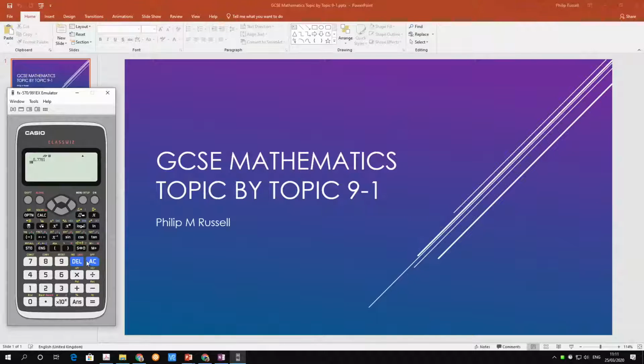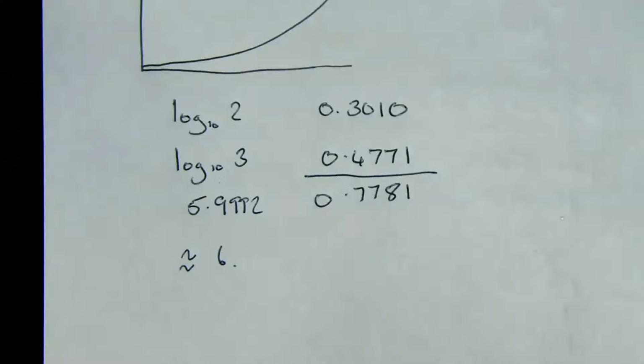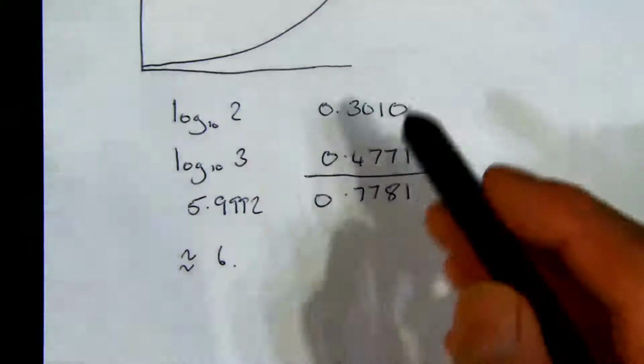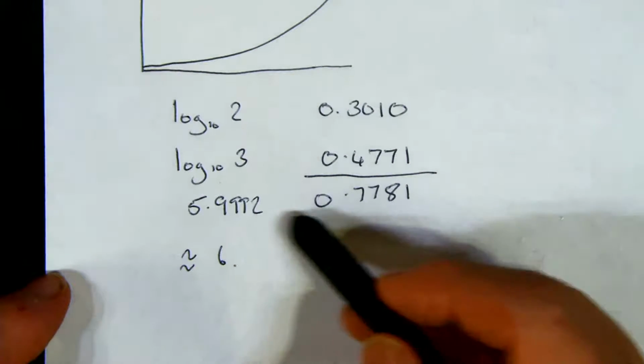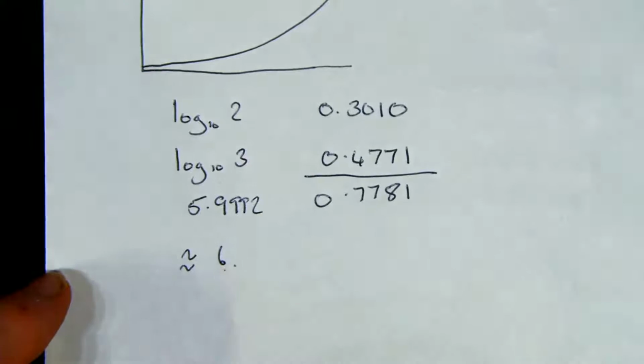I've got my numeric keypad on there, it'll work better. And that gives me a number which is 5.9992, whatever, or more approximately 6. What I've done is I have simply added my numbers up and I've got an answer.